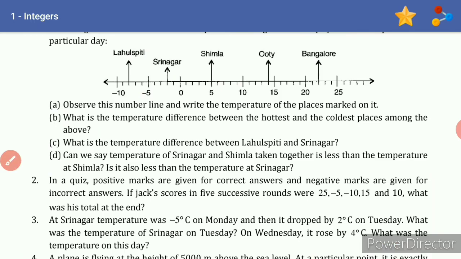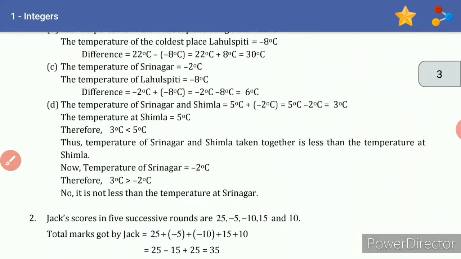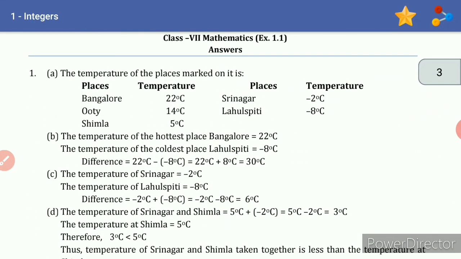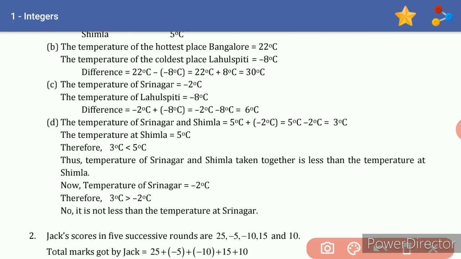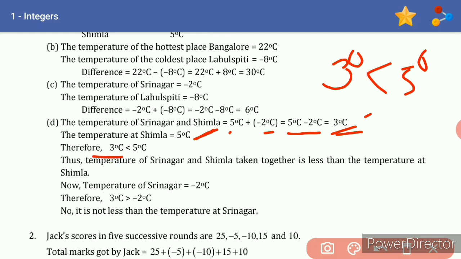Let us see in the solution. The temperature of Shimla is 5 and the temperature of Srinagar is minus 2, so 5 minus 2 is 3 degrees Celsius. The temperature of Shimla is 5 degrees Celsius and the combined temperature is 3 degrees. Of course 5 is bigger and 3 is smaller, so the combined temperature is less than Shimla's temperature.